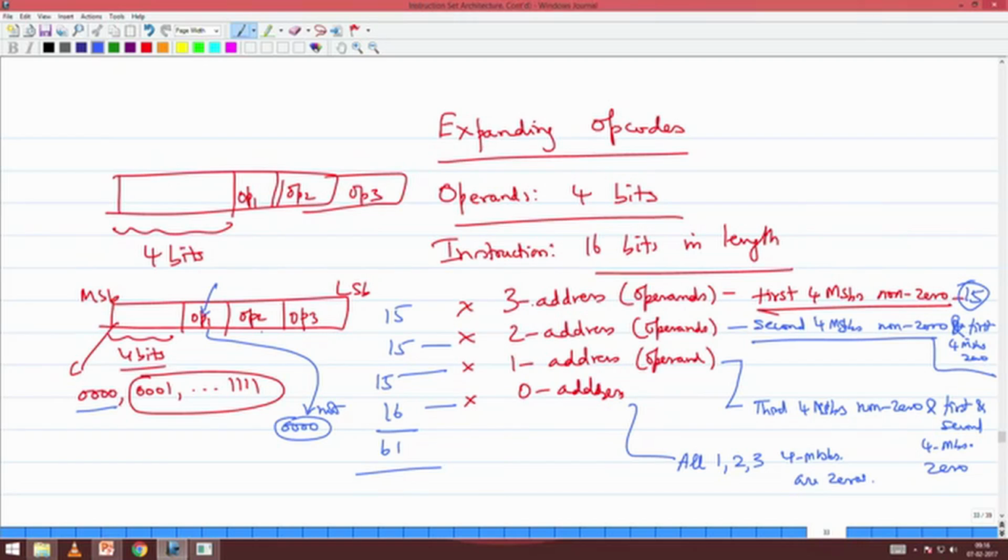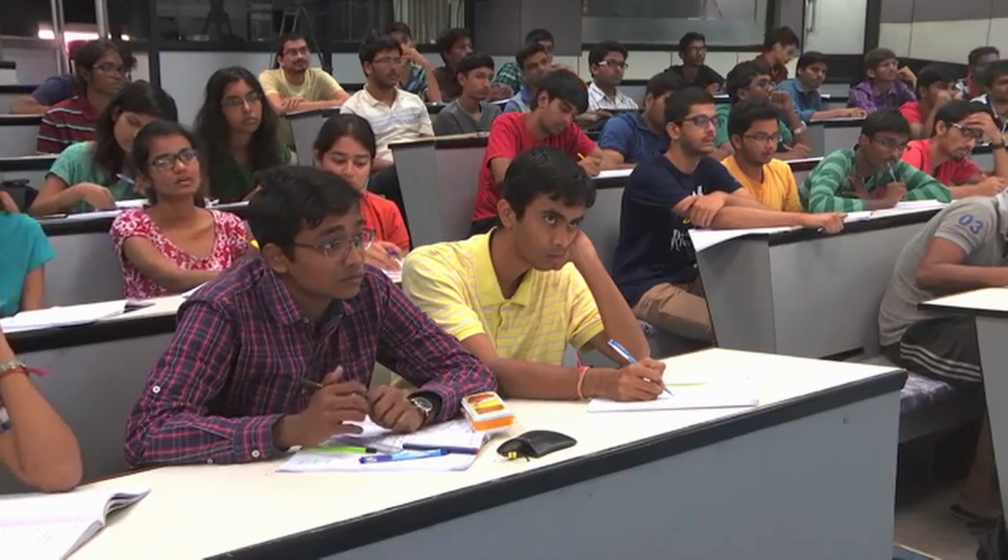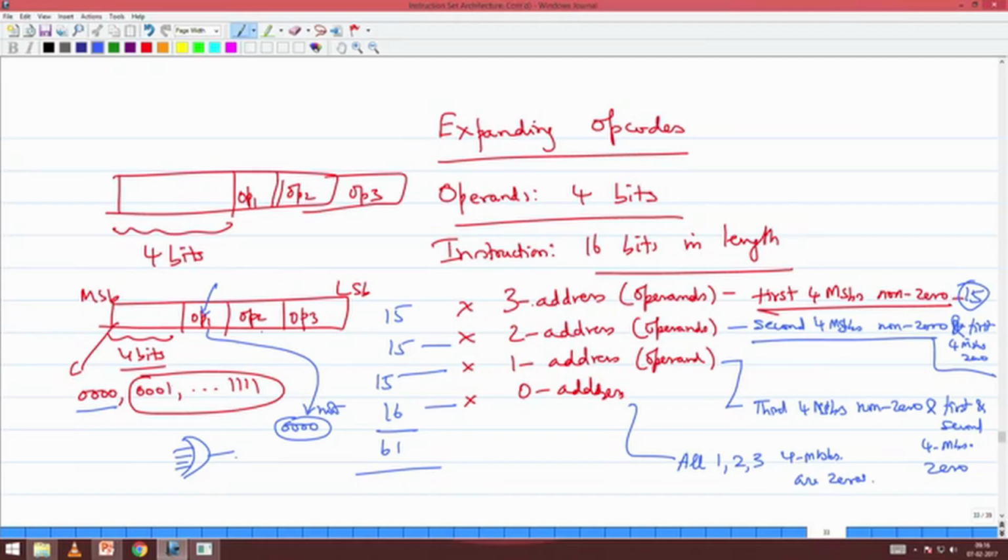Right? So I will check the first 4 MSBs. If it is non-zero, then it is going to be a 3 address instruction. So how do you find out whether 4 bits are non-zero? What is the easiest way of finding whether 4 bits are non-zero? OR. We will just do an OR of this. The output of this OR will tell me whether it is a 3 address instruction or not.